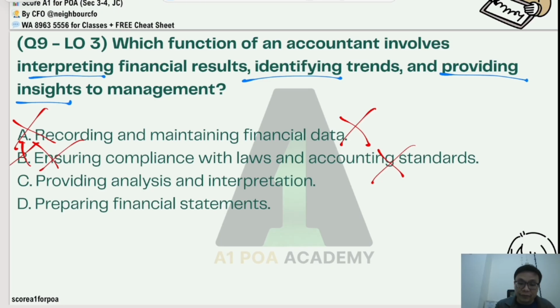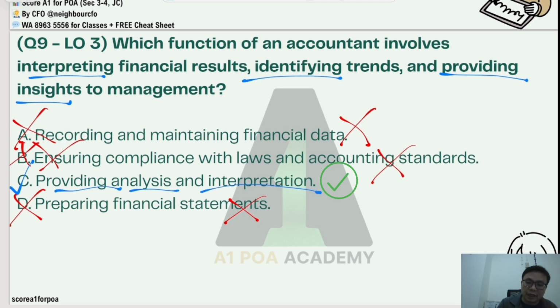This seems to align with the description of the question, right? So let us confirm with D. D, preparing financial statement. So again, D, which is the on-start process of the accounting spectrum, does not fit in terms of the best representation. And therefore, answer will be C.